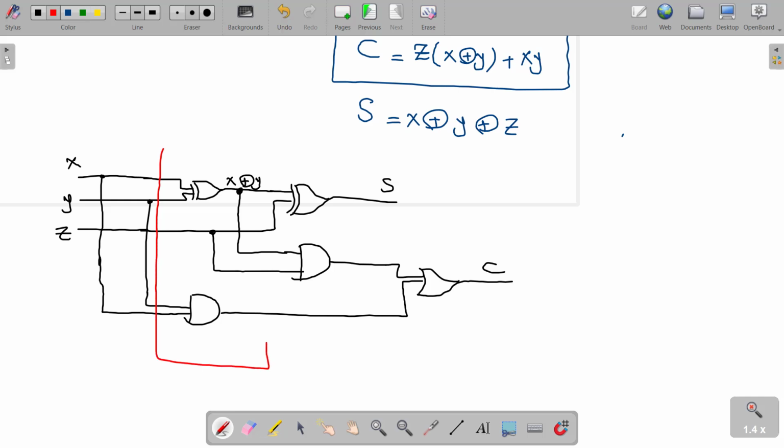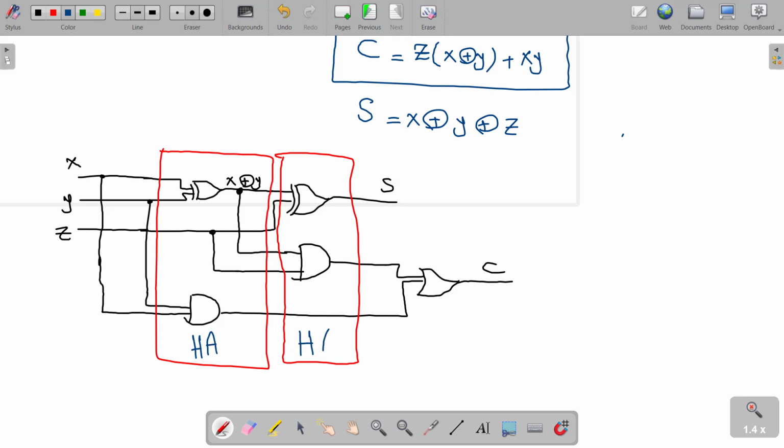Now look at here. Here you can see that we have one XOR, one AND. Also here we have another XOR and AND. So if you remember, we called one XOR, one AND a half adder, and also a half adder. What's happening? I could redraw the full adder.